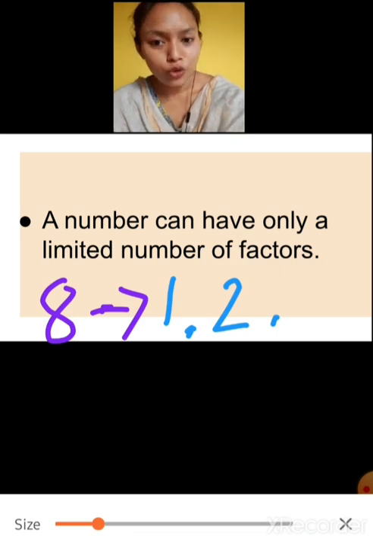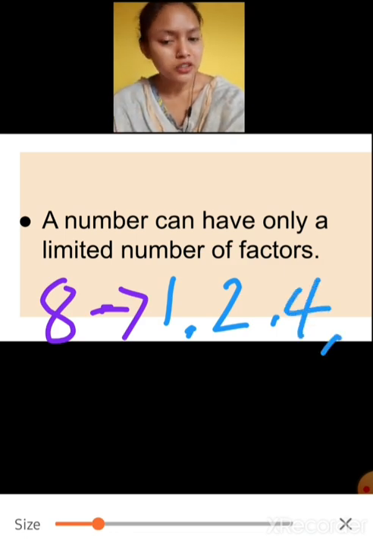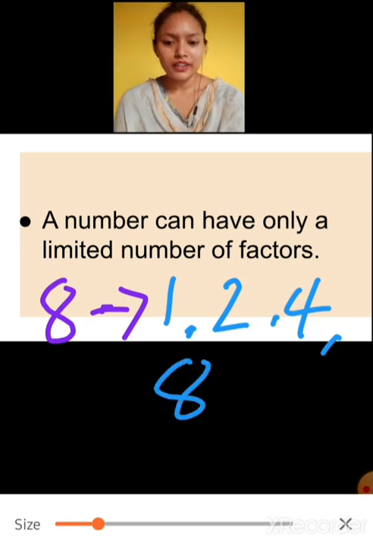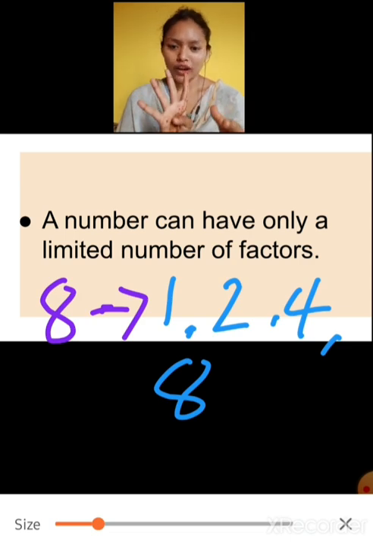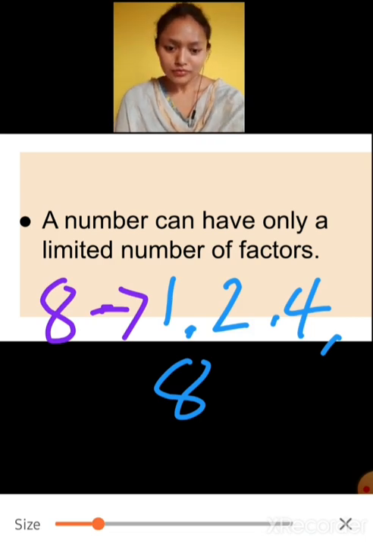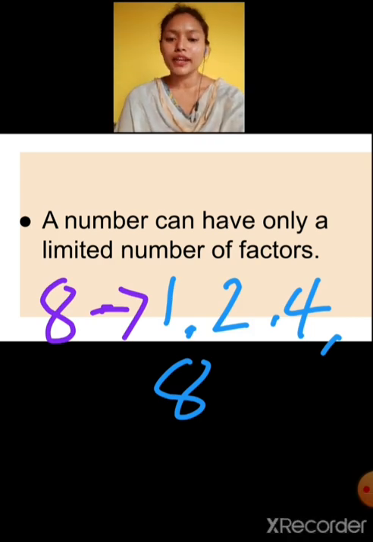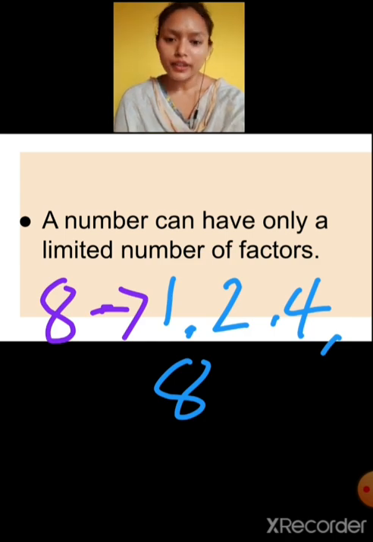No. 4, yes. 5, no. 6, no. 7, no. 8, yes. So 4 factors are possible of 8. Only 4 factors are there. Okay. So is this point clear, that a number can have only a limited number of factors?